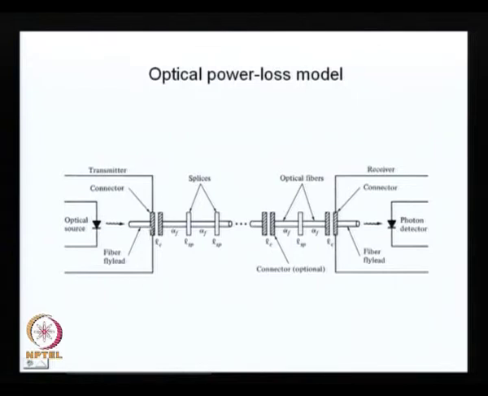Each one has a best or average parameter for the loss, and when the signal travels, at every location additional loss takes place at the splice and at the connector.